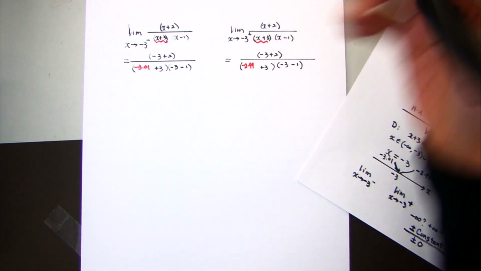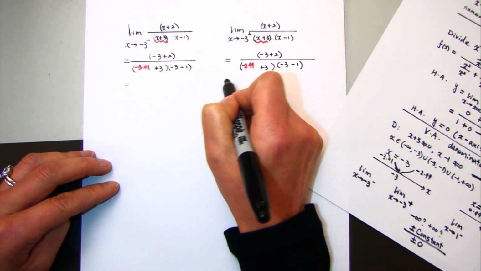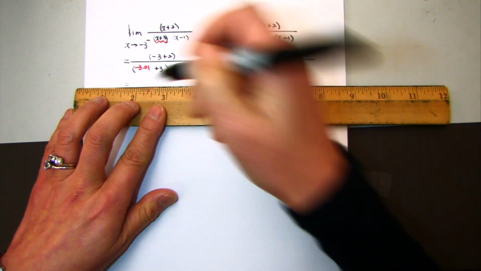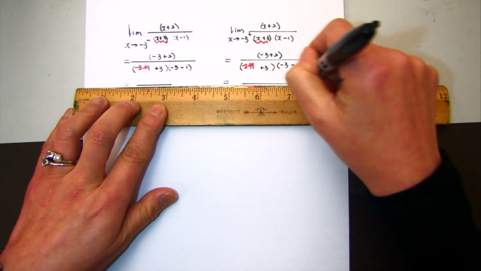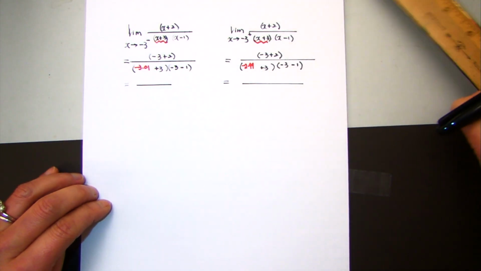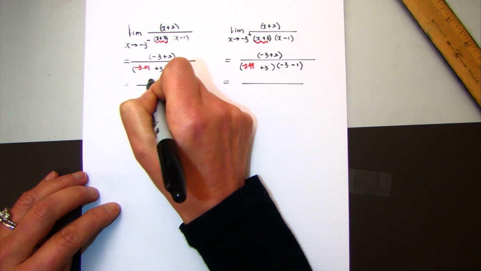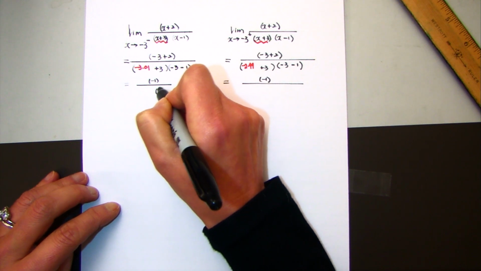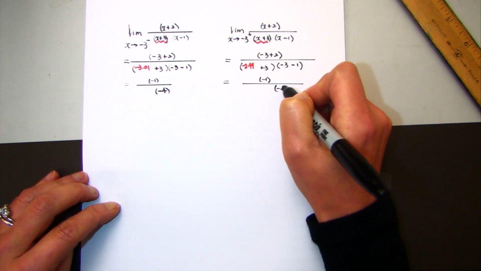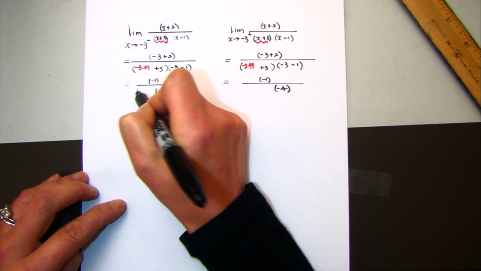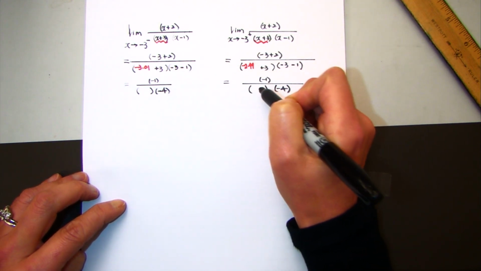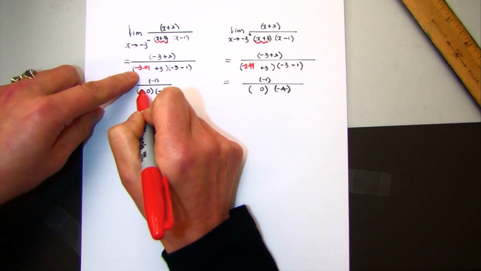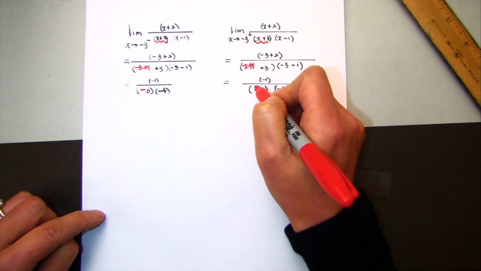Equals. All right, so do the easy part first, negative 1, negative 4, and a 0 of some kind. Watch out, negative, watch out, positive.